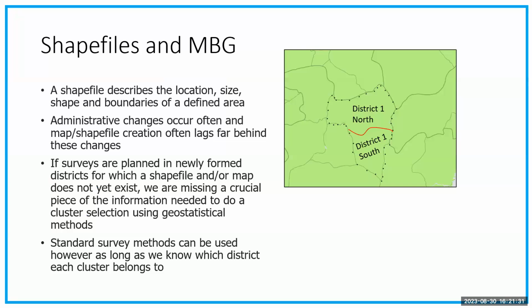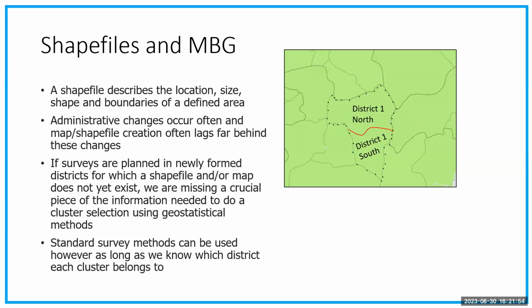So I mentioned in the previous slide that I would explain why shapefiles are important. Firstly, a shapefile describes the location, size, shape, and boundaries of a defined area. Administrative changes can occur fairly often. For example, a common one is when a district is split into two separate districts, as shown in this graphic.